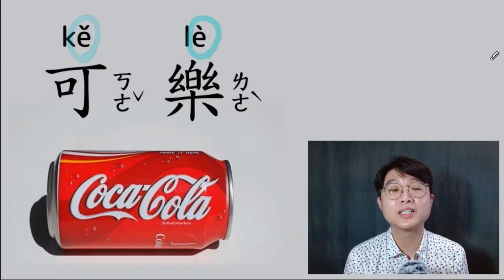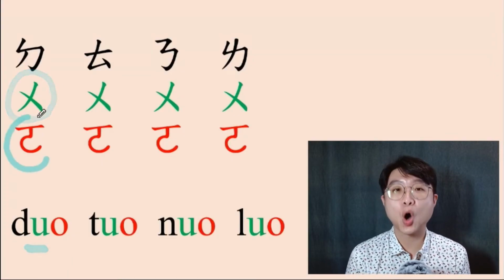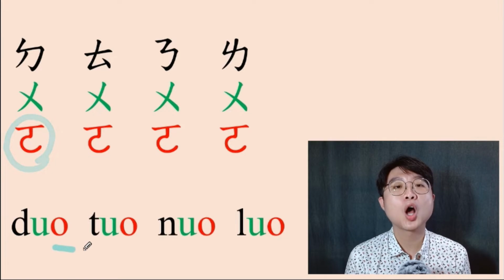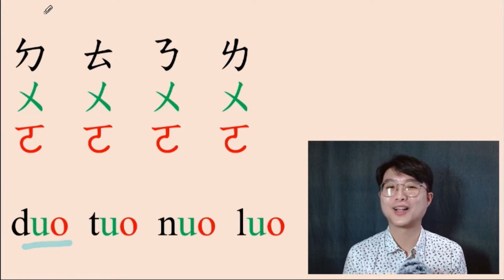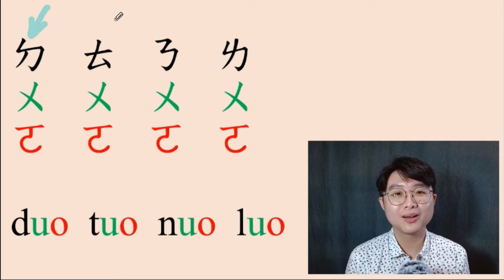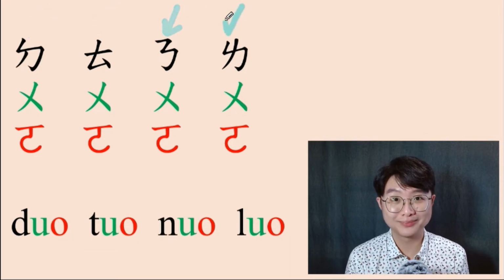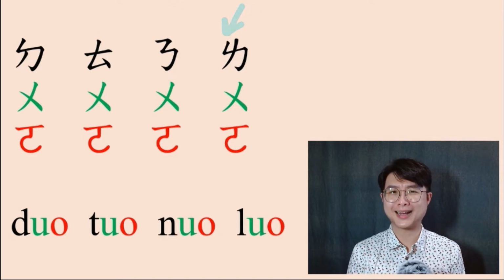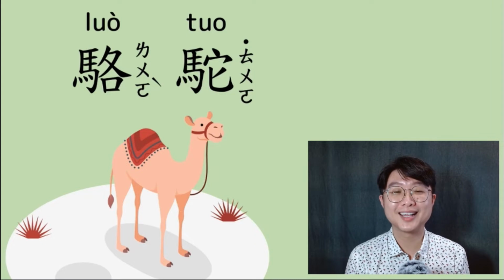Both syllables have o. Now it's oo and o together. Wo, wo. Follow me. 多 托 诺 罗. Easy, right? Example here is a camel. 骆驼.